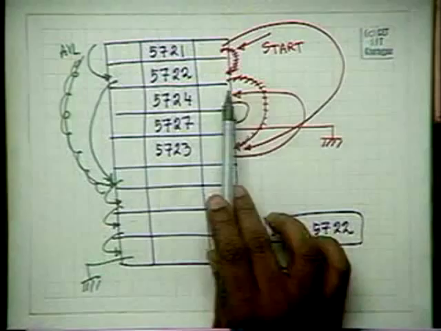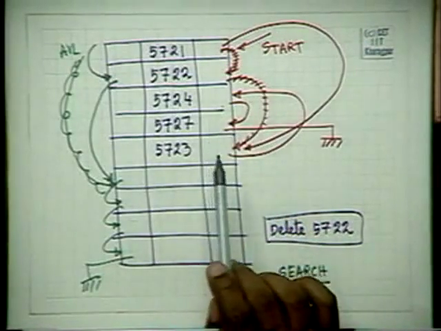Now after find, we will use this find or search for insertion as well as deletion. For deletion, we will search it. If it is not there, it's done. If it is there, then the previous and the next pointer. During the search, we will keep track of the previous pointer. While finding an element, we will not only have the element, but the previous element as well. And we will make the previous point to where the element was pointing to.